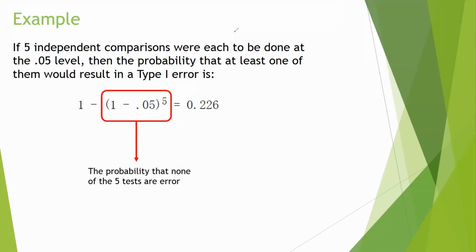This is why in statistics there's a big branch to study multiple comparison. Lots of statisticians spend a lot of time and effort to find the best way to control this family-wise type 1 error when we deal with multiple comparison or multiple testing. I hope this is clear.